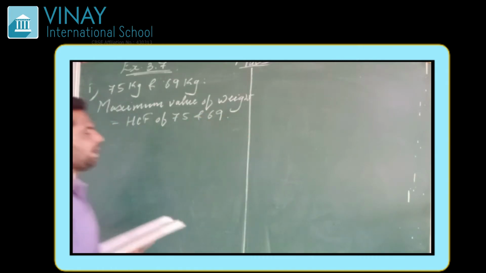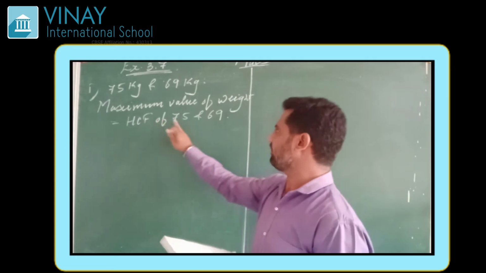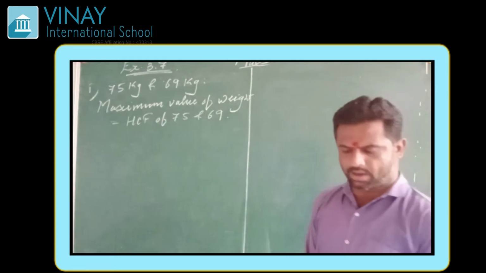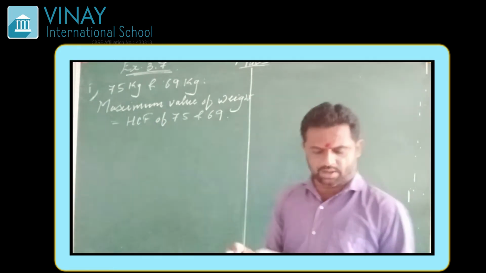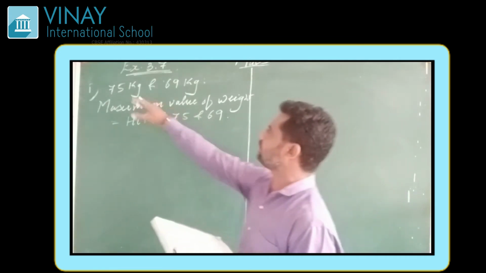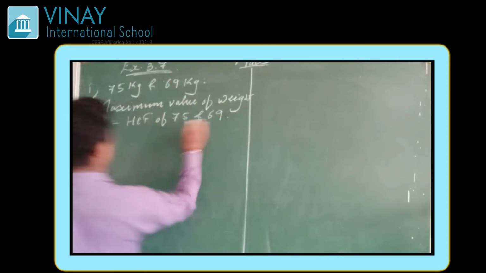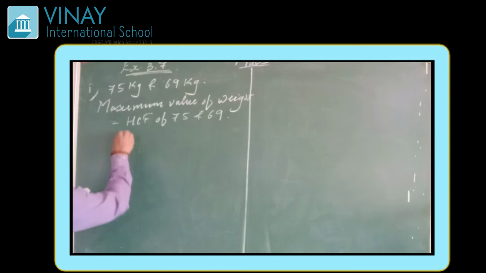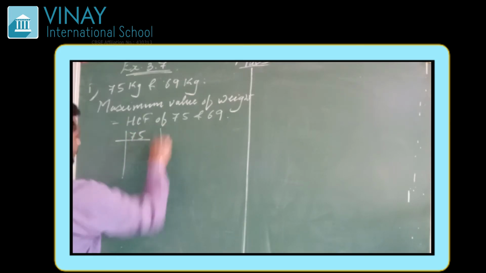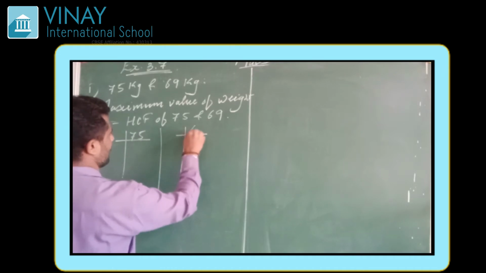So we have to find out the HCF of 75 and 69 to find out the maximum value of weight which can measure both the weights.